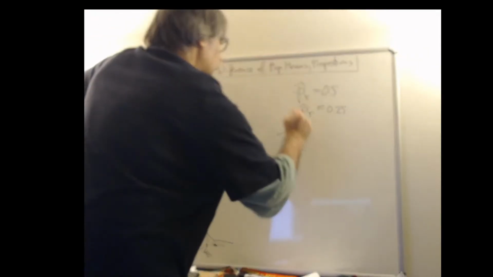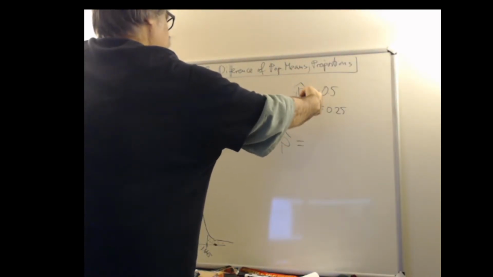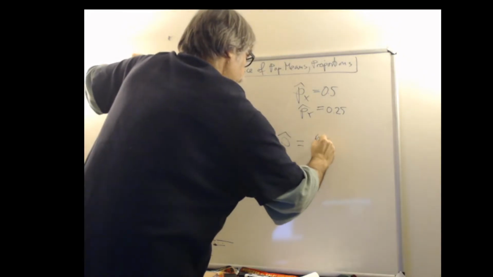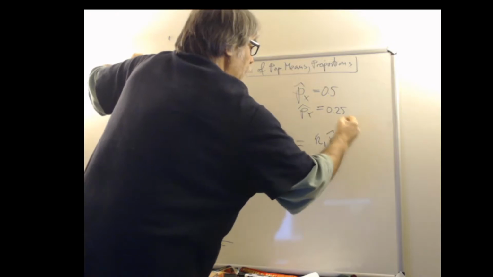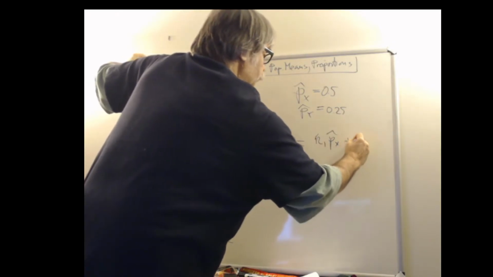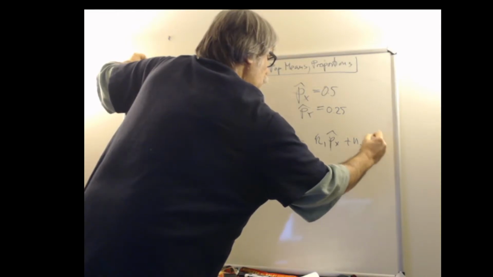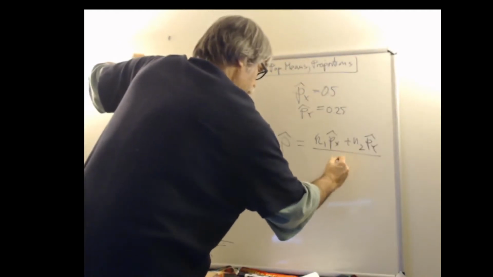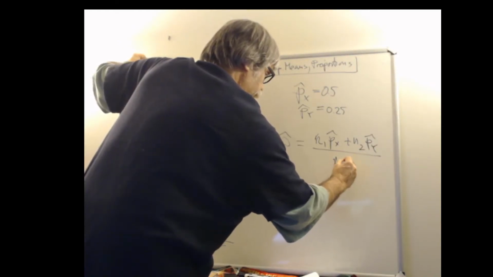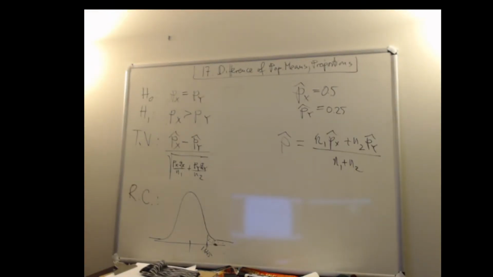This is calculated of 600 people, and this is calculated of 400 people. And then I have to make the average of both numbers. So this is a weighted average.